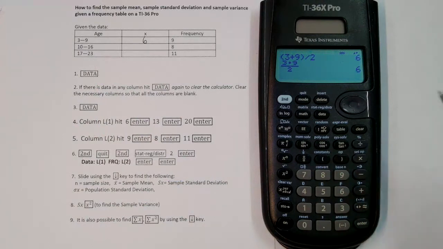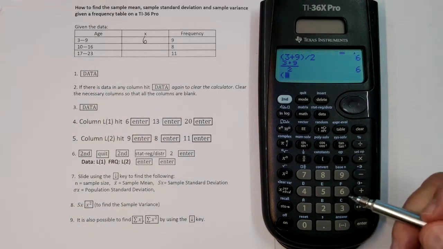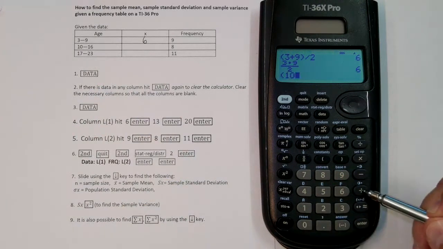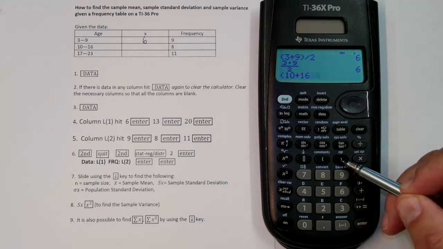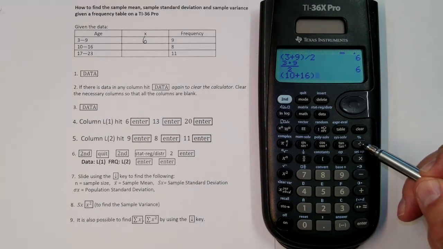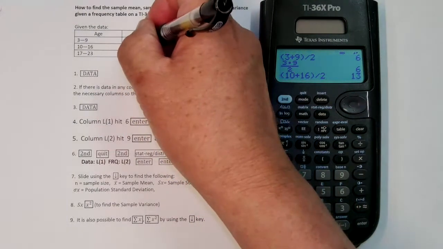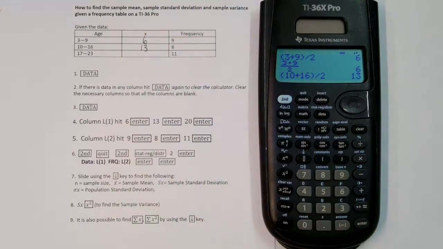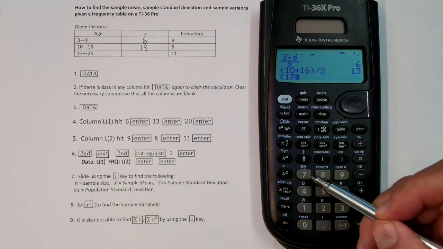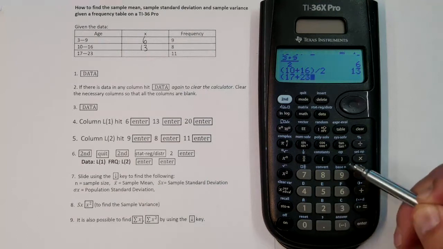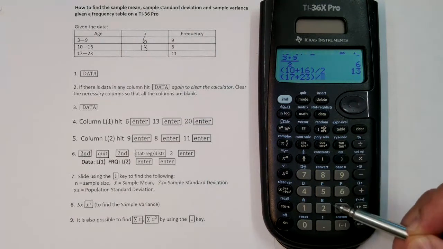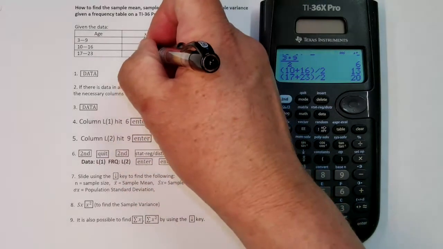I could just go in parentheses, 10 plus 16, close parentheses, divided by 2, is 13, so we'd put a 13 here. Then you could do the same thing with the 17, parentheses, 17 plus 23, close parentheses, divided by 2, ends up being 20, so it'd be 20.